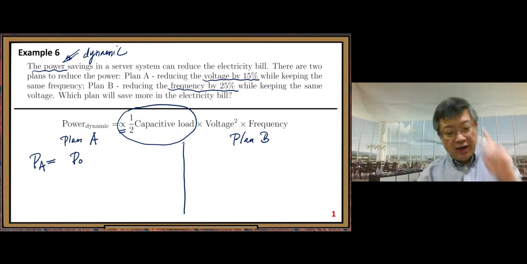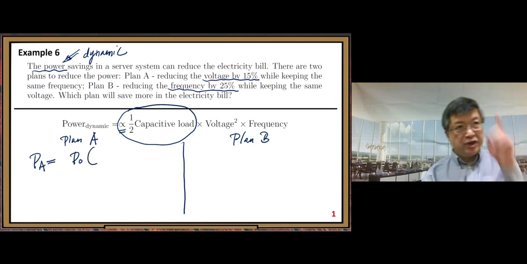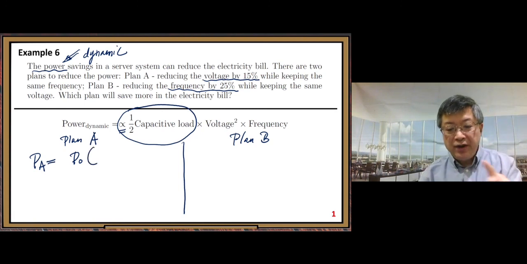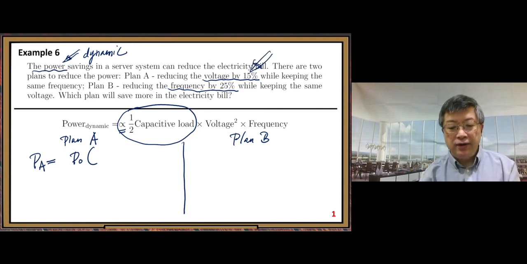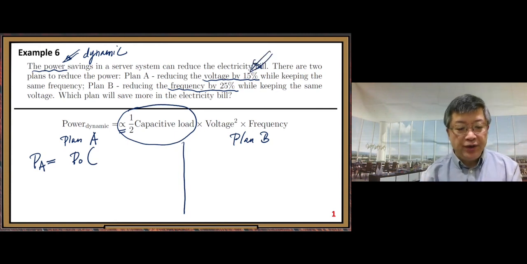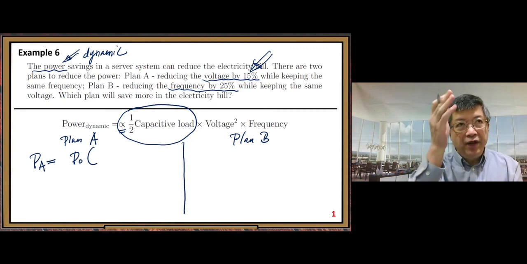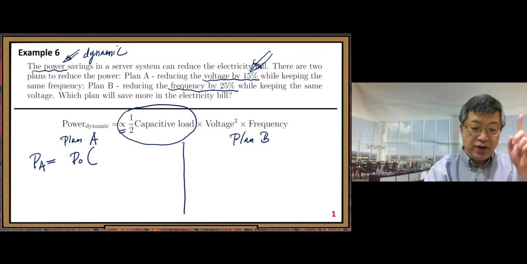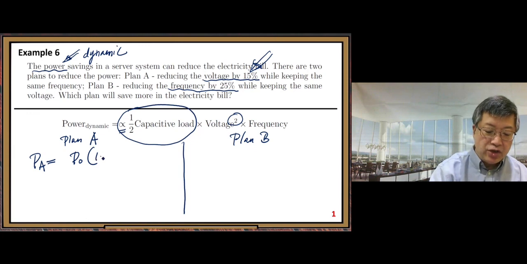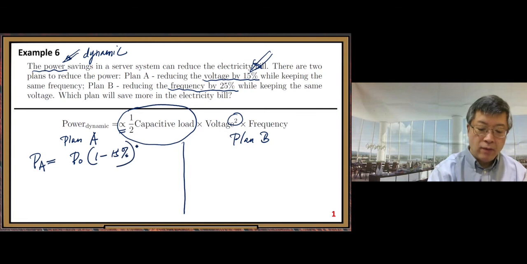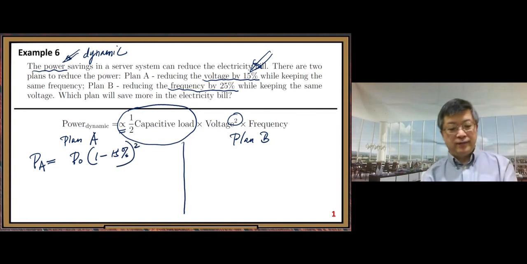PA, the saving part based on the number given here. Voltage reduced by 15%. Voltage, look at the square factor reduced by 15%. So we should get a change like minus 15% square.